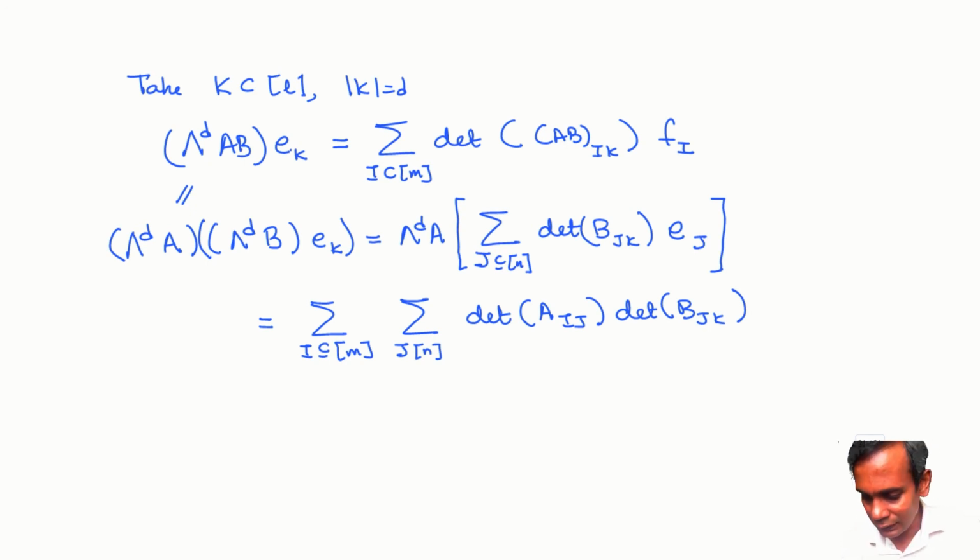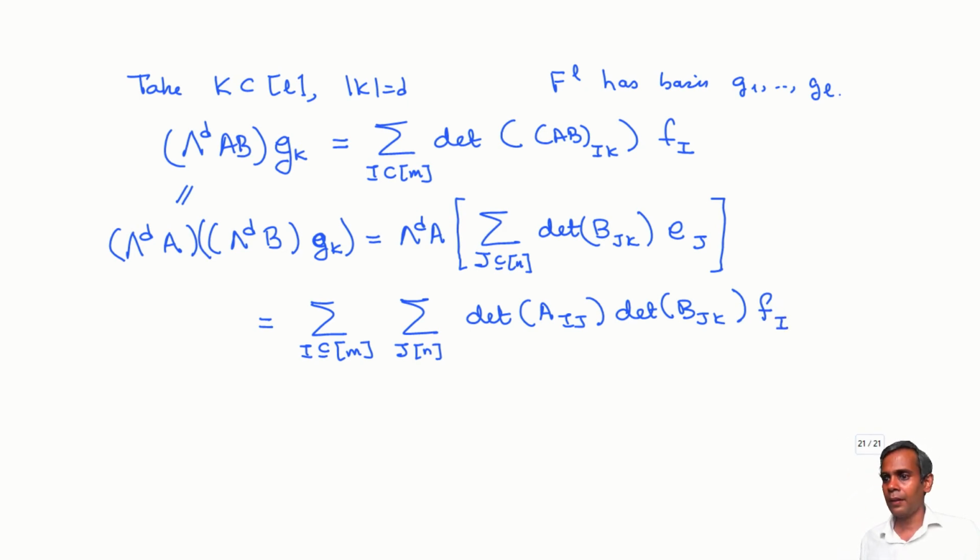Maybe I shouldn't have called this e_K, let's call it g_K. So let's take F^l to have basis g_1, g_2, ..., g_l.